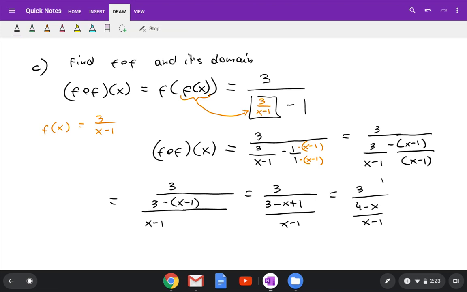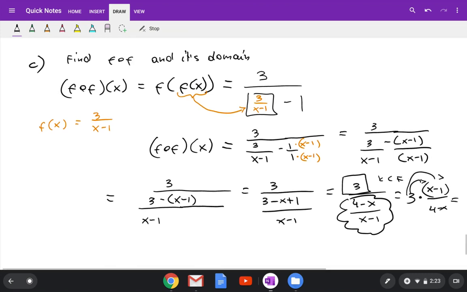And the same idea here, keep change flip: keep the top one, which is 3, change division to multiplication, flip the second fraction. So that will be x minus 1 over 4 minus x. And now a number multiplied by a fraction, you only multiply the numerator by 3.